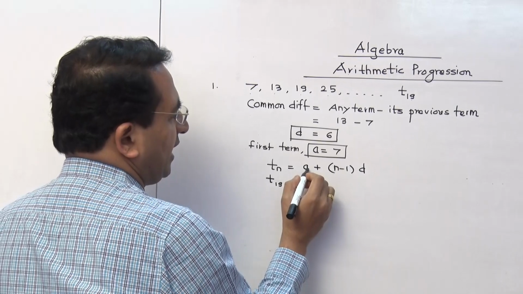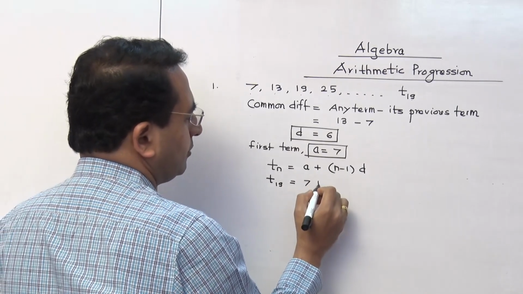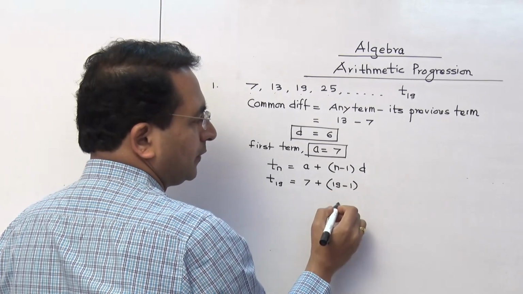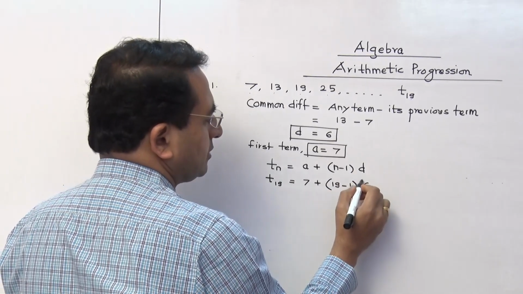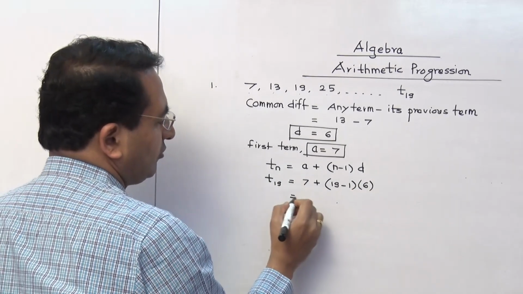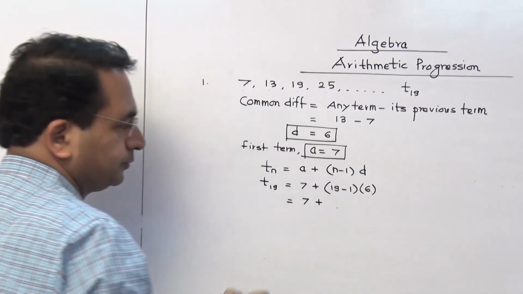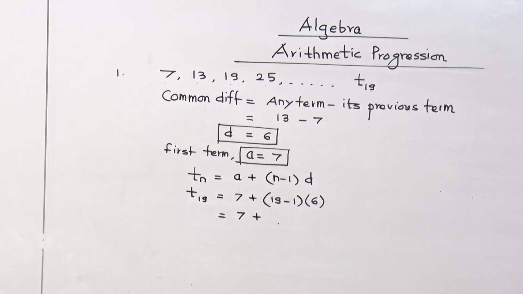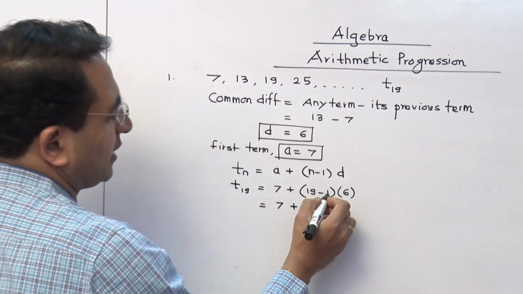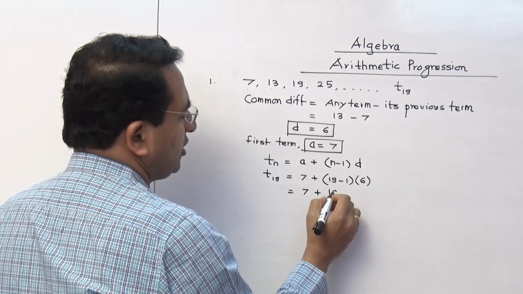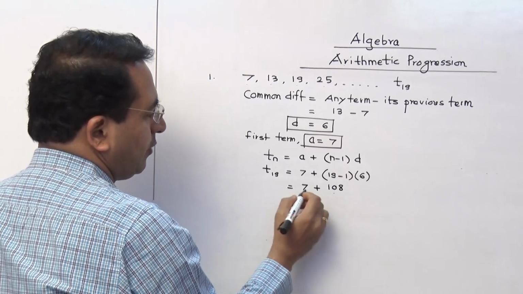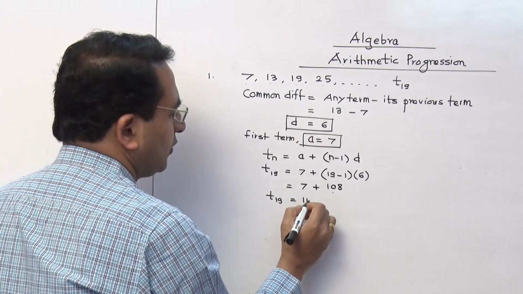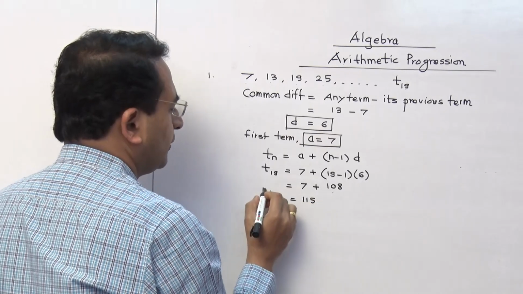This is going to be A, that means it is 7 plus 19 minus 1 into D. D means 6. So now this is going to be 7 plus 19 minus 1, that is 18. 18 sixes are 108, and when you add it, you are going to get the answer T19 as 115.